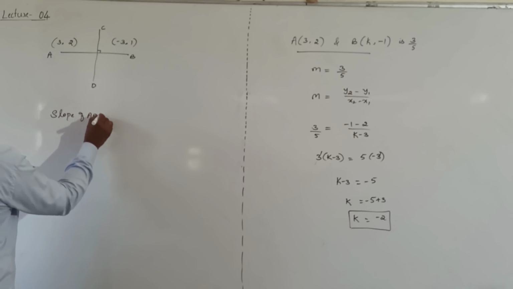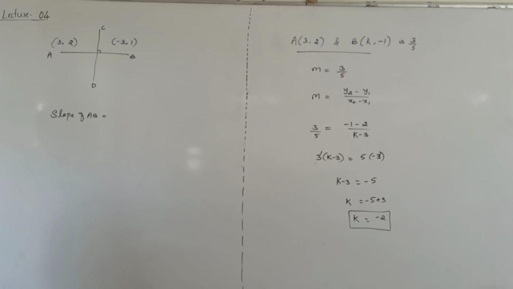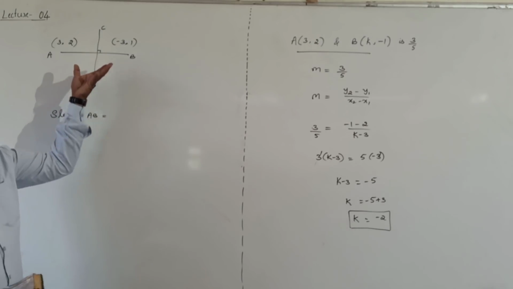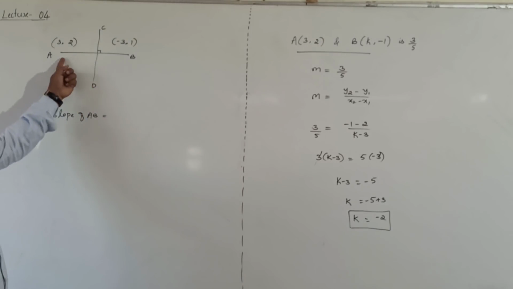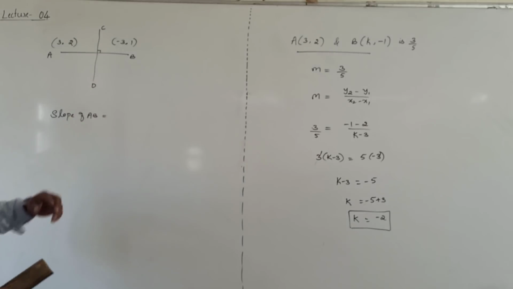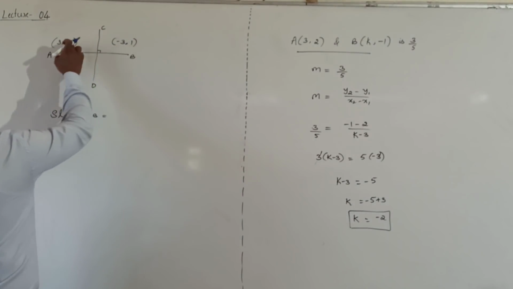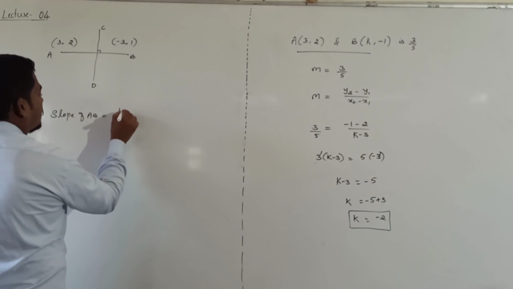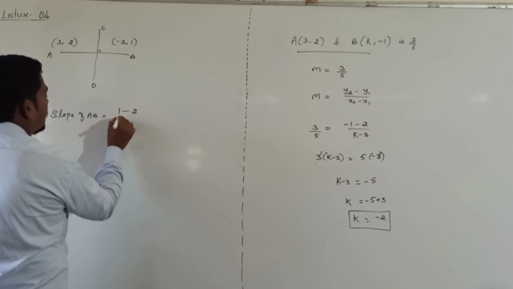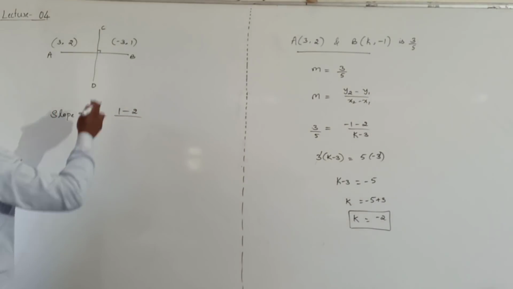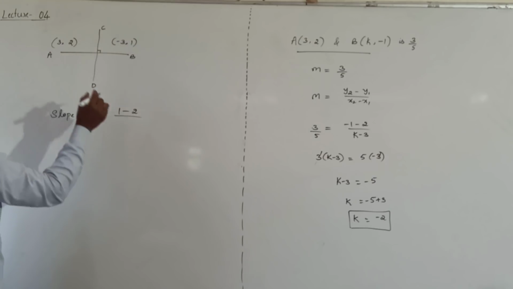Slope of AB, or simply slope, by using the 2-point formula, the slope of the line joining 2 points is y2 minus y1 divided by x2 minus x1.